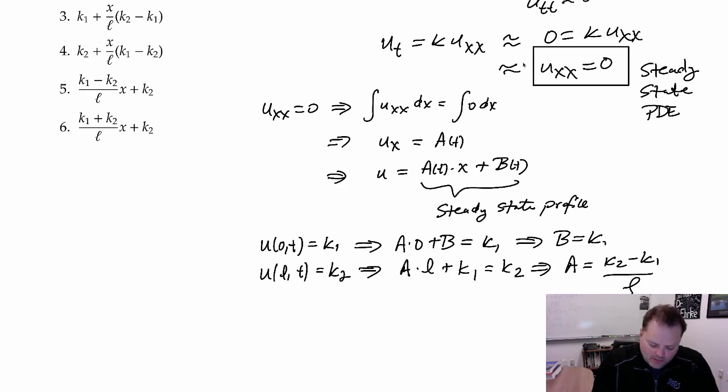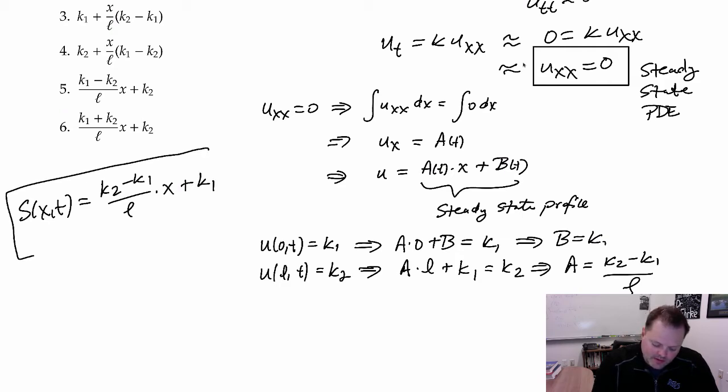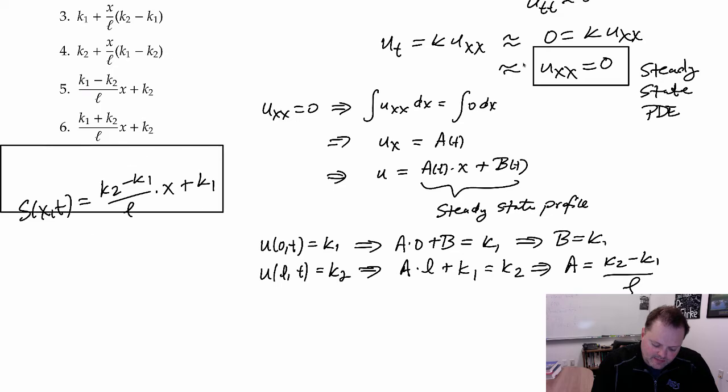So overall, my steady state is the solution to this problem, and it's given to us by (K2 minus K1) over L times x plus K1. So this is the steady state.